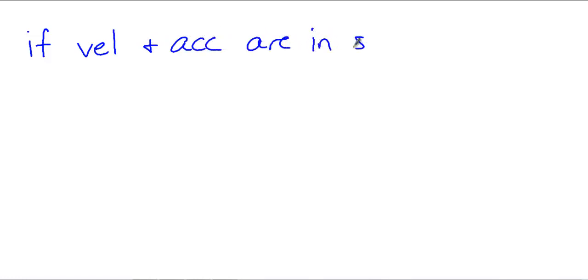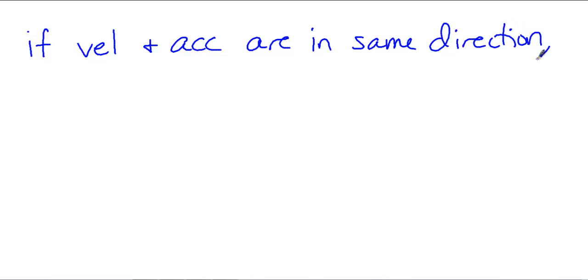Real quickly, let's talk about how acceleration and velocity relate together. If the velocity and the acceleration are in the same direction, and how do we relate direction to our calculations here? Very good, the sign.